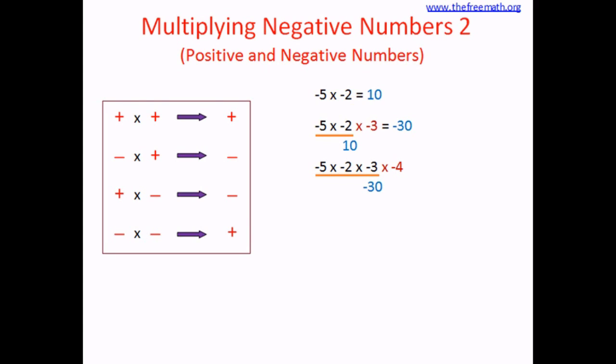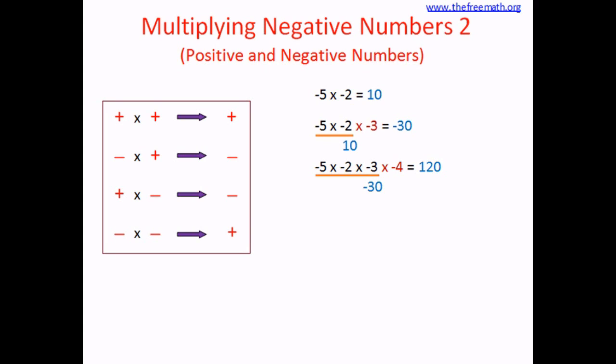That means what we have to do here is multiply negative 30 by negative 4. Now you have two negative numbers. Negative 30 is a negative number and negative 4 is also a negative number. So negative negative is positive. So your answer is going to be positive. 3 4s are 12. That means the answer is positive 120 or just 120. No sign is positive sign.